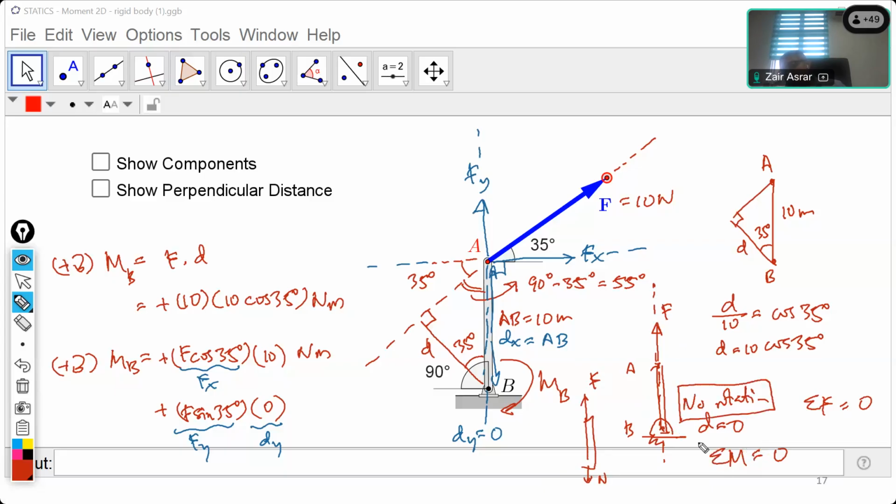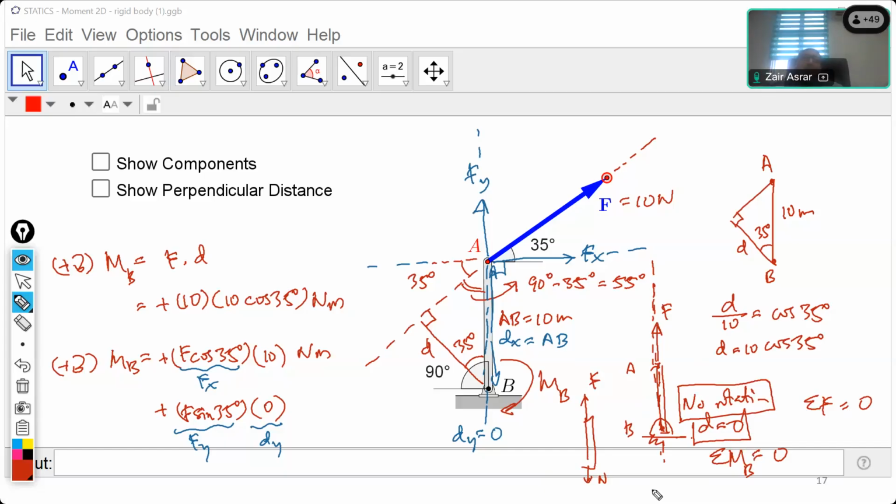And why does the summation of moment equal 0? Because D is equal to 0. Why is D equal to 0? Because the line of force passes through the point of moment, point B. Clear on this? Are we clear? Clear, sir.